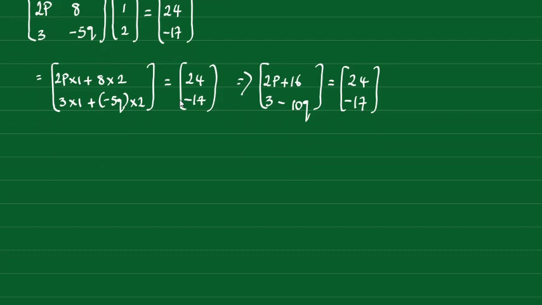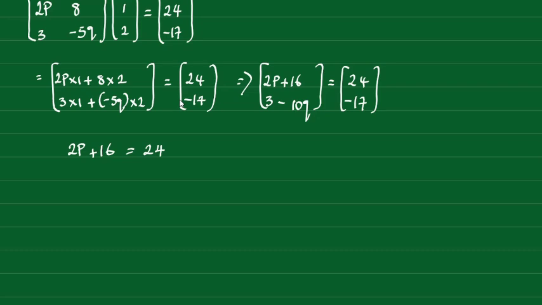So the term we have in row 1, which contains p, is 2p plus 16 is equal to 24. We solve this in order to get our value for p.